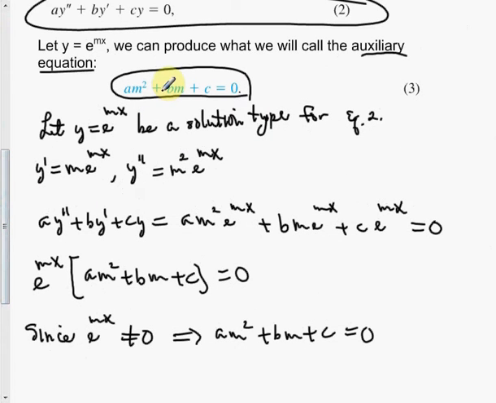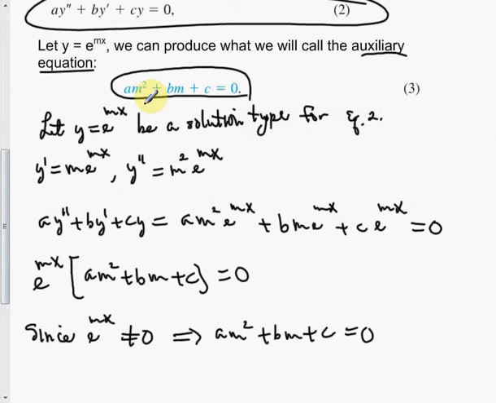But this auxiliary equation is not the differential equation. Understand that. All we're trying to do with the auxiliary equation is to determine the value or the nature of m. Because the m's go back to that e to the mx, which becomes a solution to whatever differential equation I'm looking at, if it's a linear differential equation with constant coefficients.